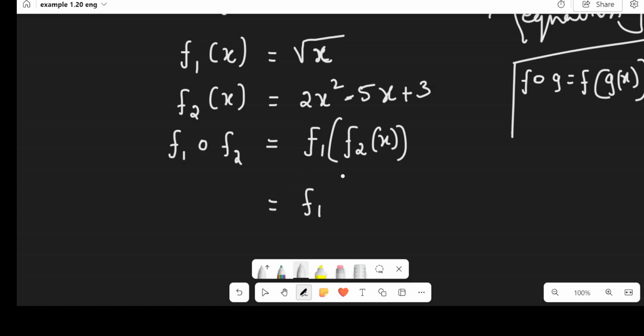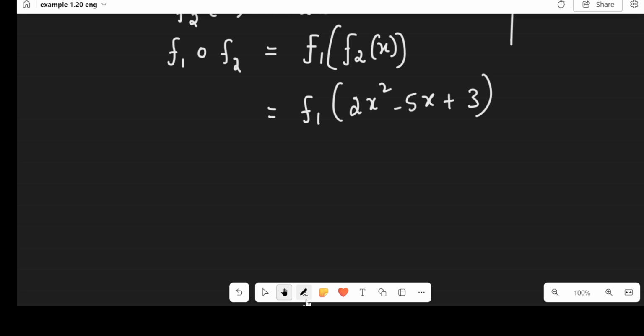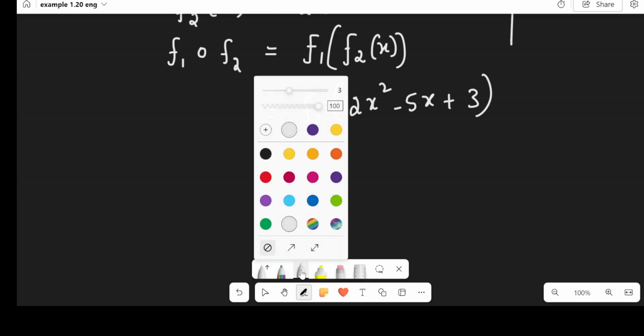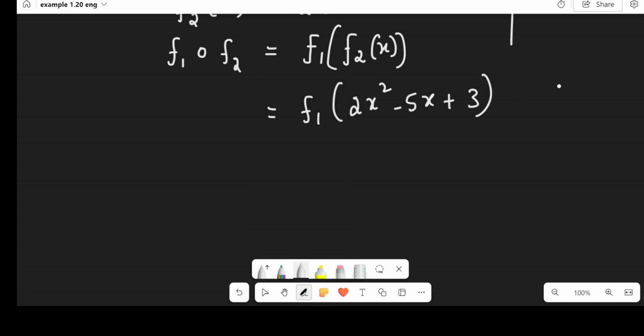f1 of f2 of x is 2x square minus 5x plus 3, right? And then I have to apply this value in place of x in this function. That is the concept, right? So what is given is root of x.